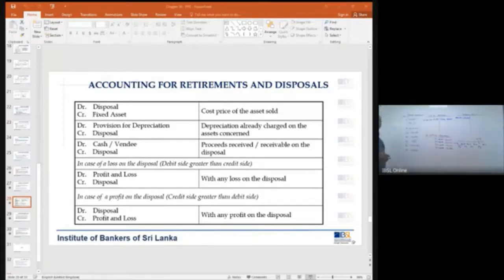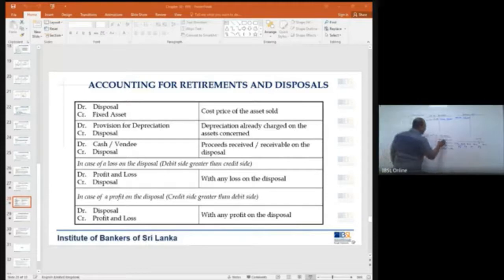then the depreciation relating to the asset that you have accumulated so far has to go out. What do you mean by that? Whatever accumulated depreciation you have for this asset also needs to go out. So what is the amount?